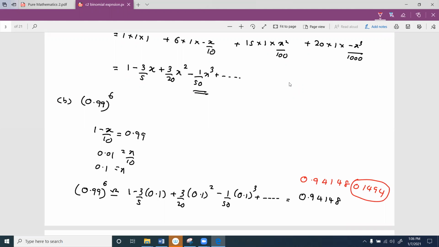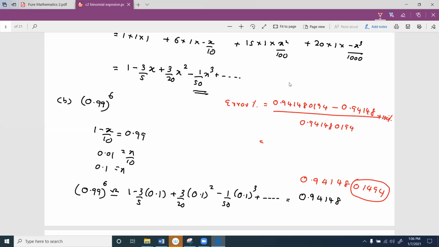Sometimes they might ask you for the error percentage. The error is the actual value minus the approximated value. The actual value is 0.9414801494 minus the approximated answer 0.94148, divided by the actual answer 0.9414801494. Then you can convert into a percentage by multiplying by 100.